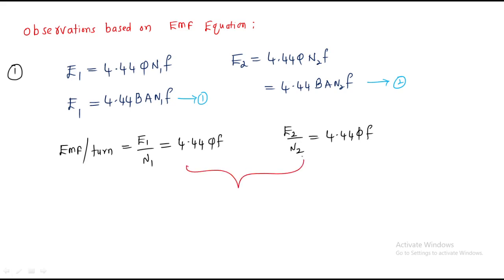From these two equations, what is the observation? E1 by N1 is equal to E2 by N2, right? This value should be equal to this value.